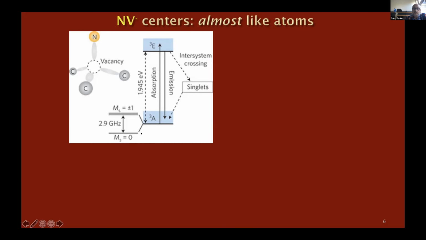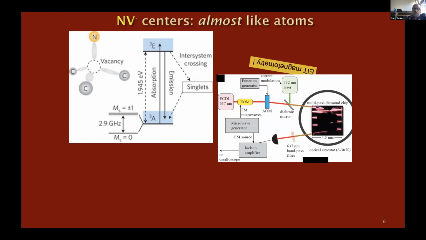And it turns out that if you're in ms equal to 0 state and you go here, then the most probable event next is that you're going to fall down here, and this leads to bright fluorescence. And if you are in one of these plus minus 1 states, then you have a higher probability to hide for a while in these singlets, and there is less fluorescence. So almost for free, we get a possibility of initialization and optical probing of the NV center.